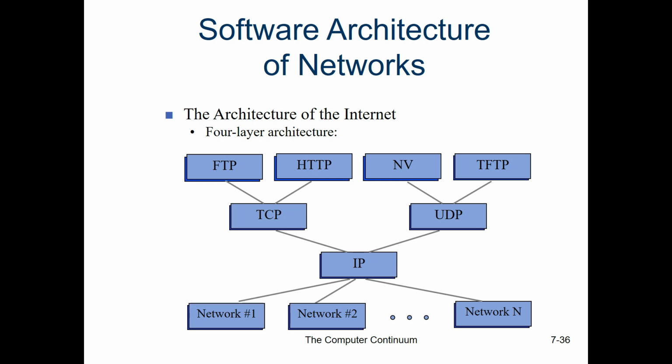And then we have a virtual network that uses UDP. You'll get the idea about TCP and UDP. Basically, the difference is that TCP first builds a connection. Let's say I'm communicating with another computer.